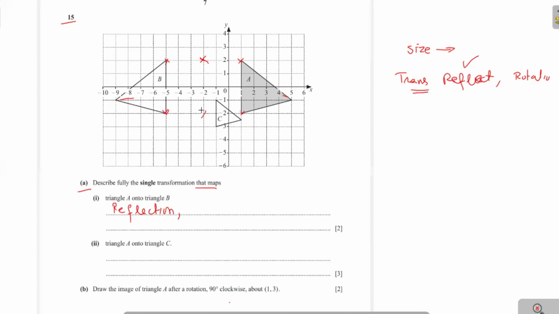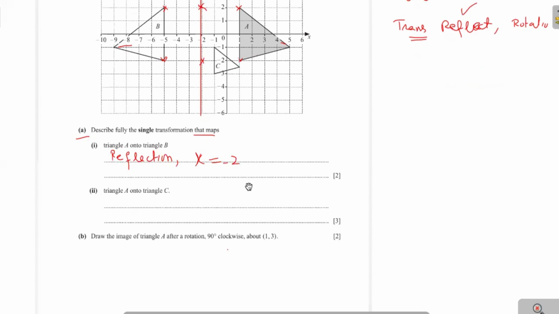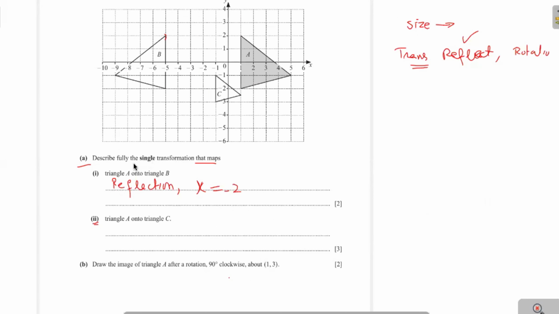You see here, this is the midpoint. Therefore, we join these midpoints, and we get the line of reflection. You see here, the line of reflection is x equal to -2. This transformation is reflection, and the line of reflection is x equal to -2. This is the answer.